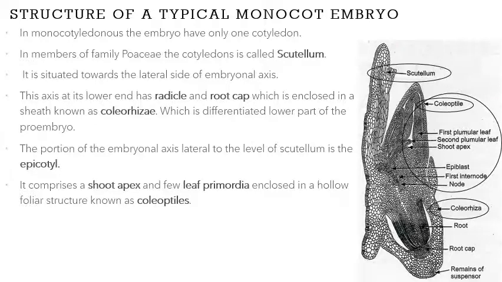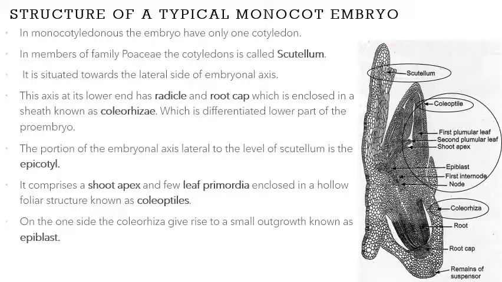This is the coleoptile region shown in this picture of the monocot embryo. On one side, the coleorhiza gives rise to a small outgrowth known as the epiblast, which is shown in the center. The epiblast represents the rudiment of the second cotyledon.